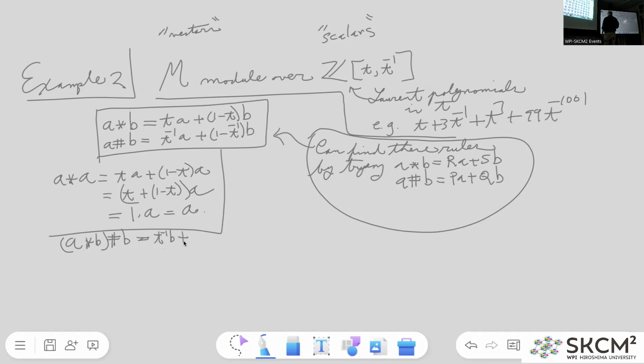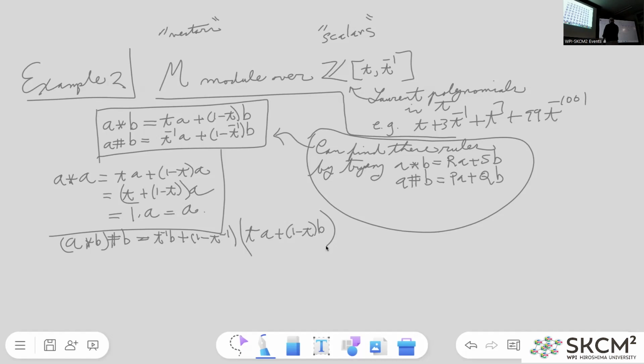plus 1 minus T inverse multiplied by A star B, which is TA plus 1 minus T times B. You have to multiply that all out.